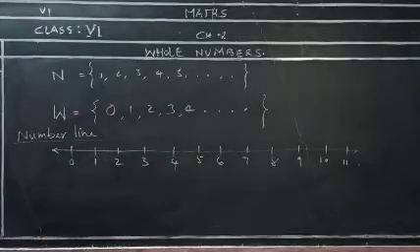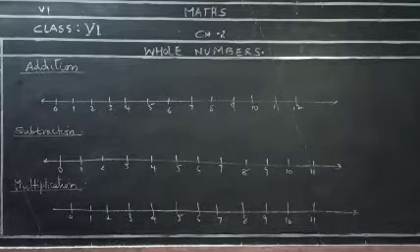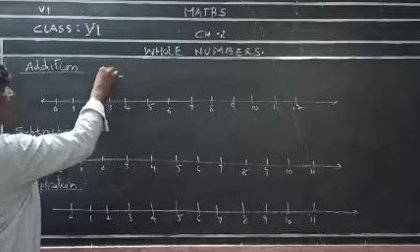What are whole numbers? Whole numbers are 0, 1, 2, 3, and so on. That means the smallest whole number is 0, because the starting number in whole numbers is 0 only. Now what are the operations and how will we operate through the number line? Let us start addition. Take one example. What is the example?